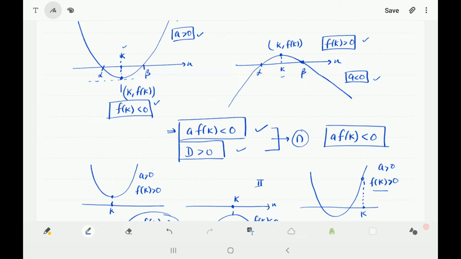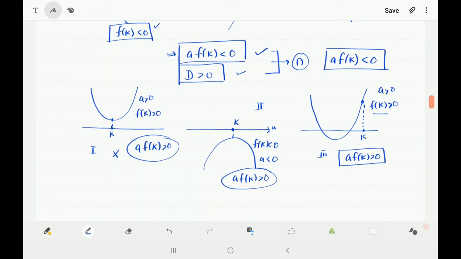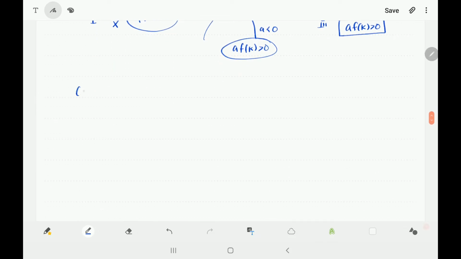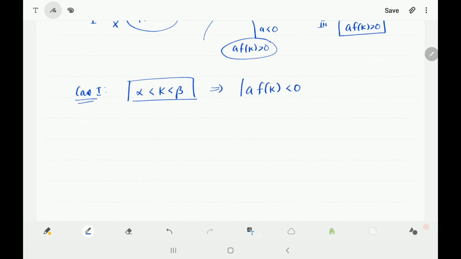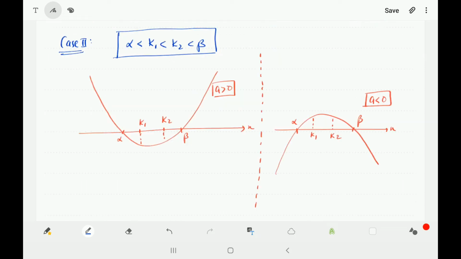So a into f of k less than 0 is the necessary and sufficient condition for this particular case. You need to remember one thing, that case 1 was if k is a number which lies between alpha and beta, and the necessary and sufficient condition for this case is a into f of k less than 0.